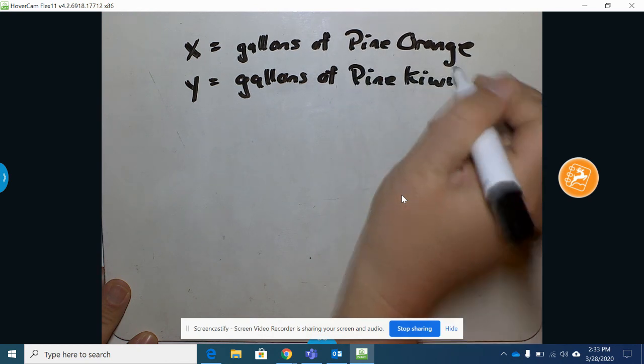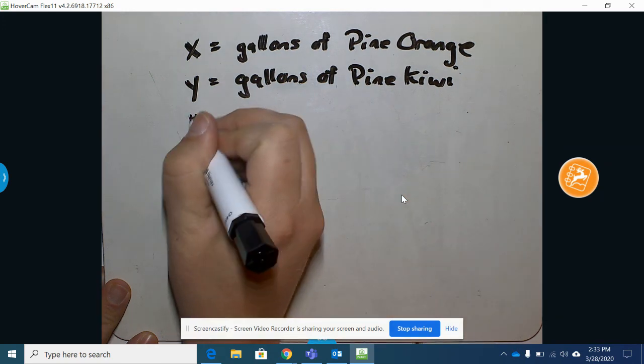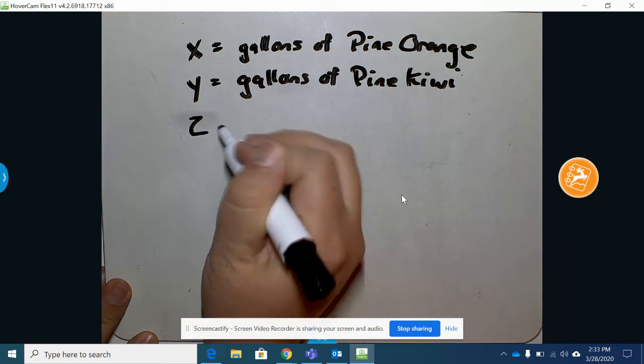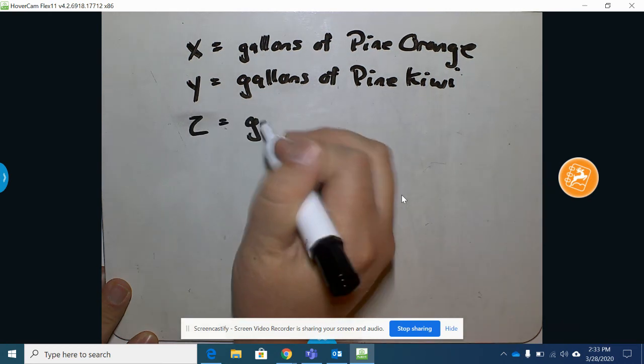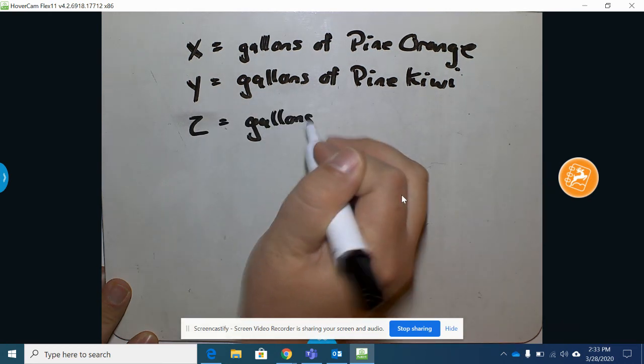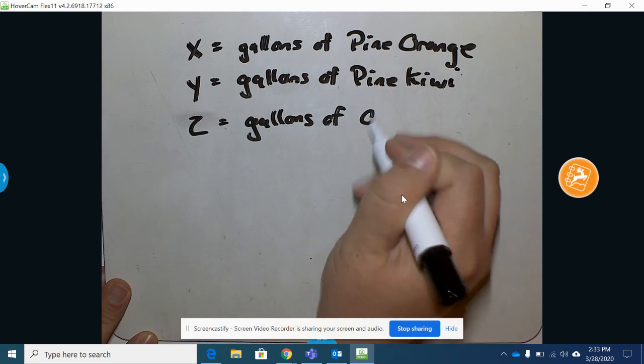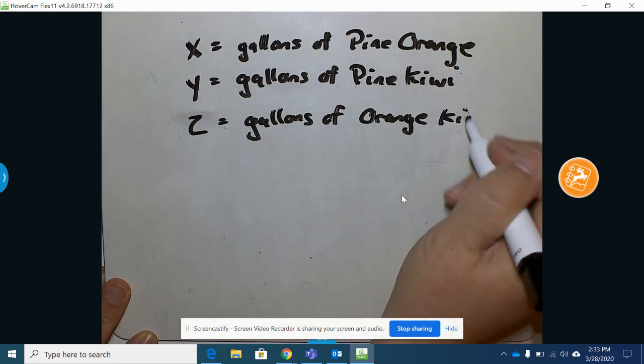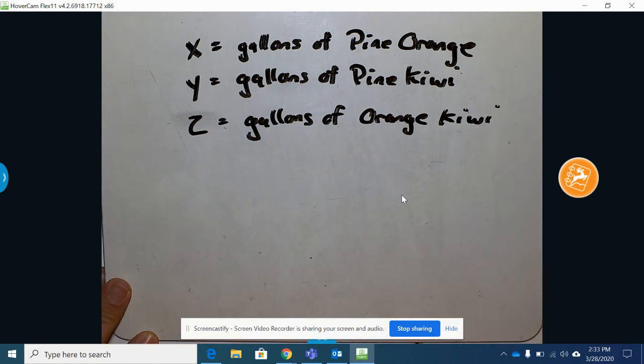They really helped us out with these names because we know exactly what's in them. And then Z is the gallons of orange kiwi. Okay, so once we have our 3 unknowns, because we have 3 different juices that we're making, we have to come up with our equations that match this situation.